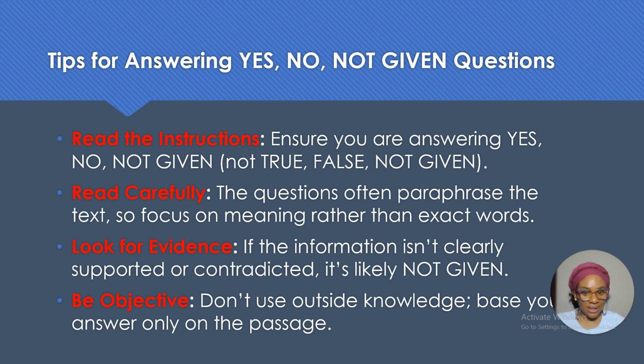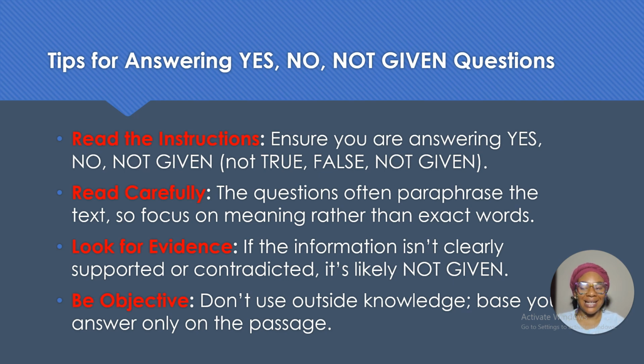Look for evidence. That's the next tip. I always talk about evidence. If the information isn't clearly supported or contradicted, it's likely not given. So the information must be clearly supported, in which case you then pick yes.